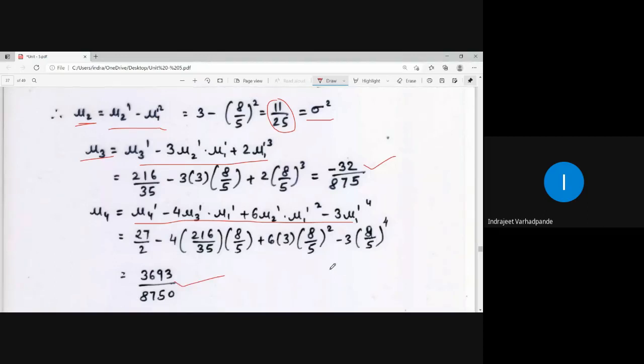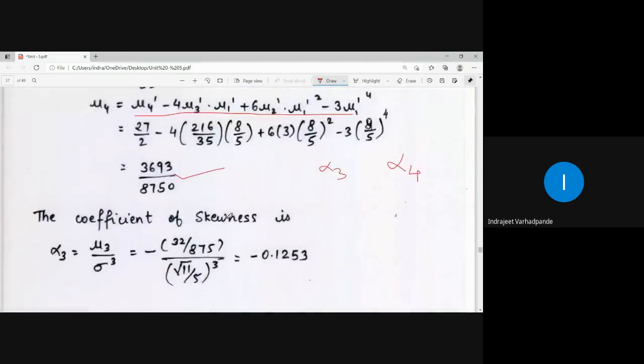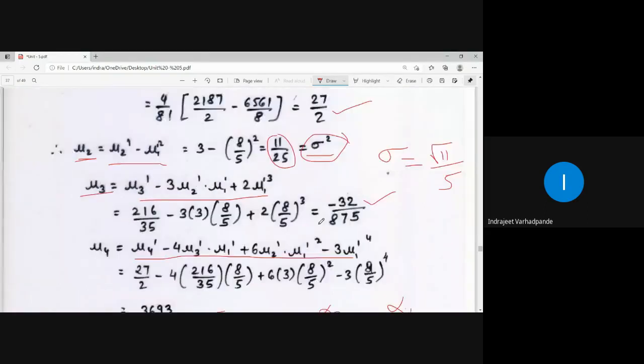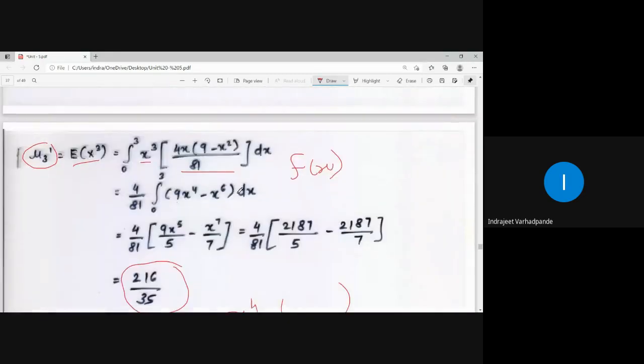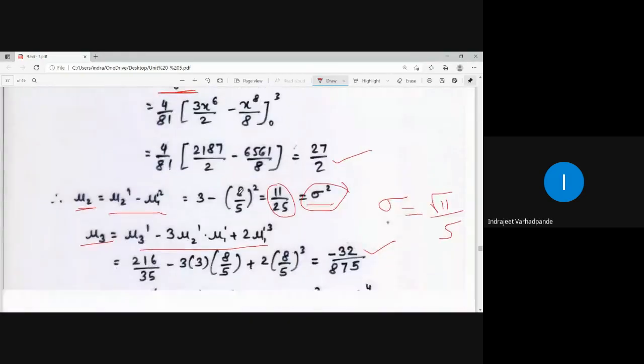Now we talk about the coefficient of skewness and coefficient of kurtosis. Sigma square is obtained. So what will be sigma? Sigma will be the square root of this, which is root 11 by 5. Now I have to take its cube, and once I have to raise it to the power 4. So coefficient of skewness is alpha 3, which is mu3 upon sigma cube, with mu3 being minus 32 upon 875.